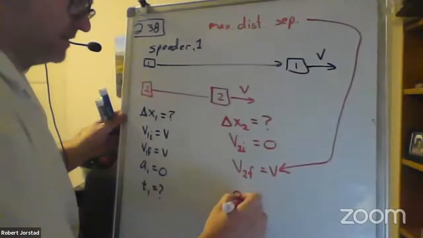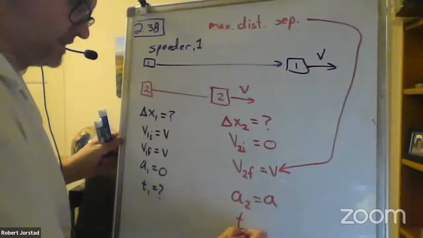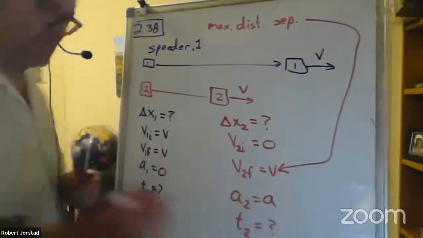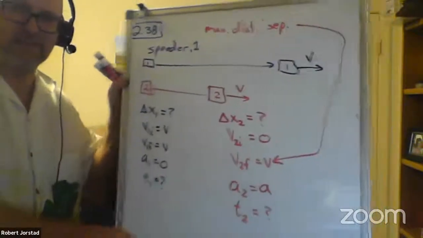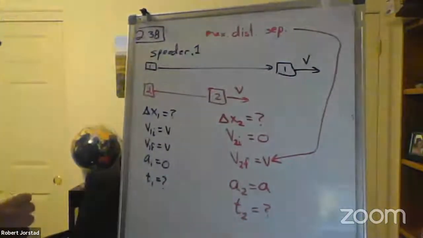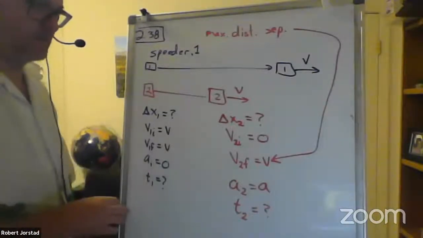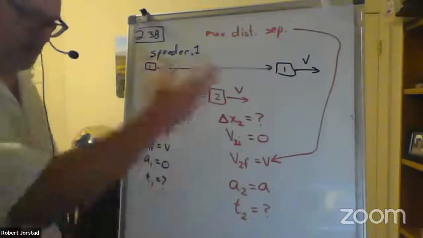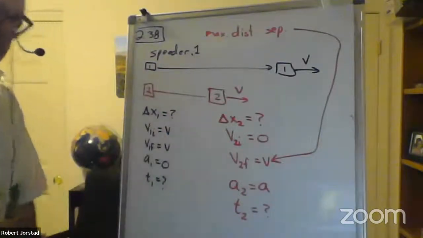A is still A. Time 2 is still unknown. So it looks exactly like 2.36, but there's something different. It's a 2-stage problem. All this is correct. What's different than in problem 2.36?